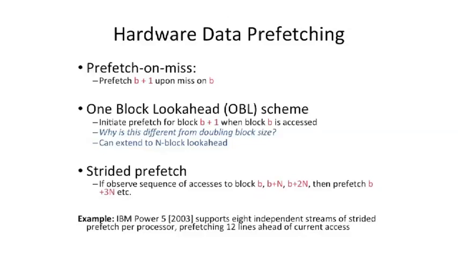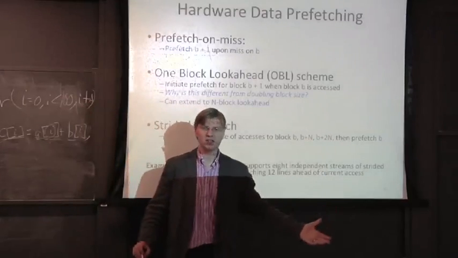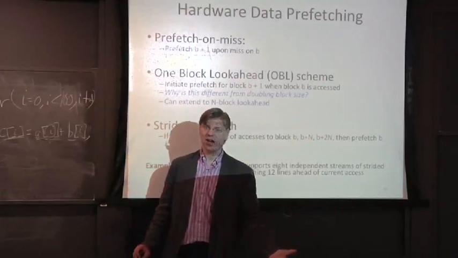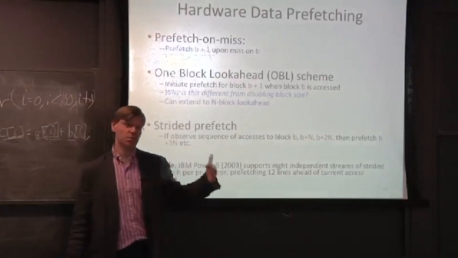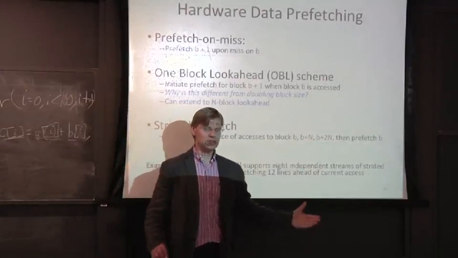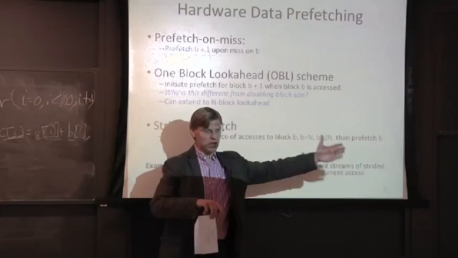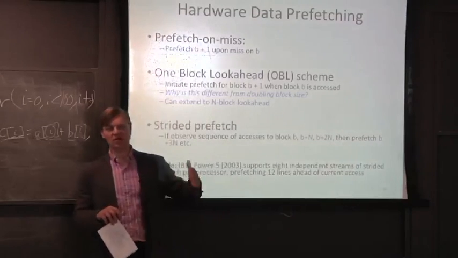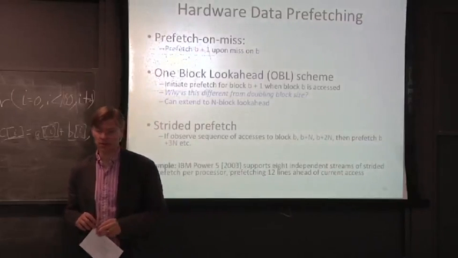Maybe we should go prefetch cache block B plus 4N. N is the stride size. So you may not be pulling in every block in series, but instead pulling in blocks that are spaced out through memory with some spacing.